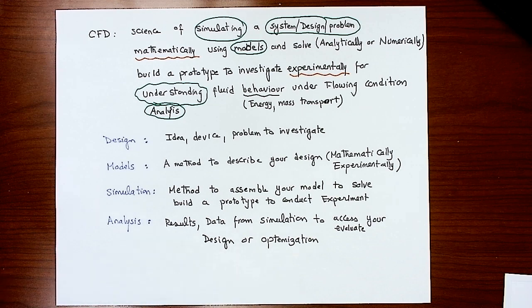Or if you are seeking the experimental path, you have to build a prototype to start conducting experiments. Either way, you will end up getting results and some data from your simulation. Then you can look into this data to analyze it and to assess or evaluate your design.